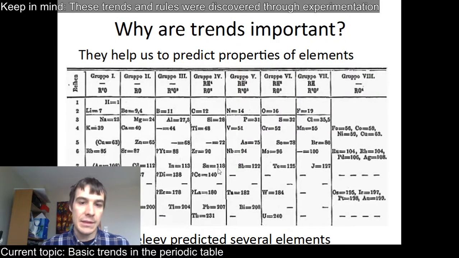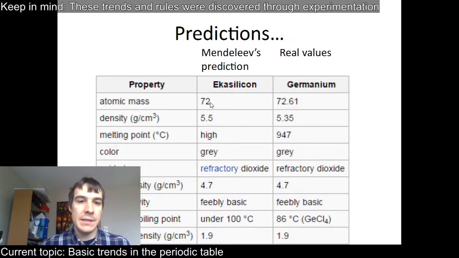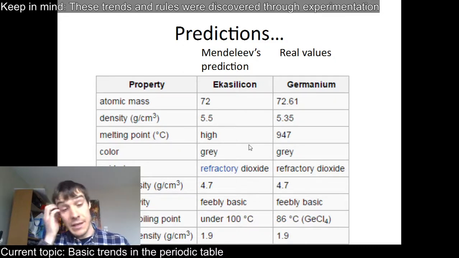We talked about bonding a little bit. So yeah, here's his predictions. He predicted mass of 72, dioxide, so O2, which it does, and various other things. He predicted its boiling point, its density, and he got close. And this was why Mendeleev was celebrated.